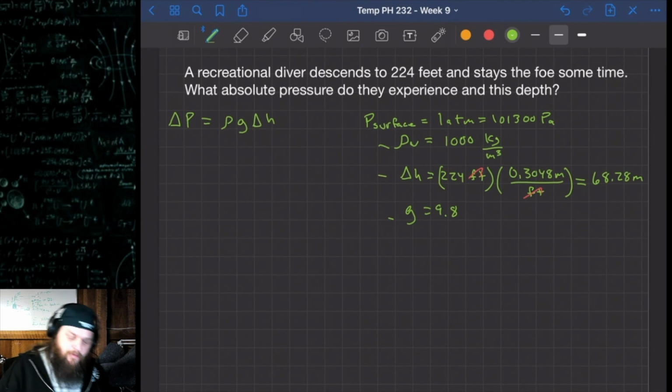Remember, the change in pressure is always equal to final minus initial.